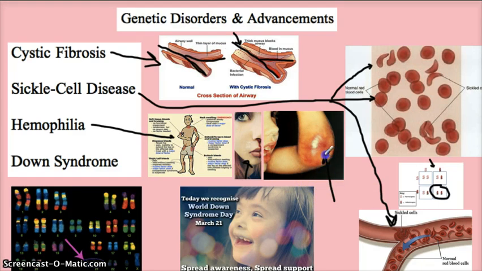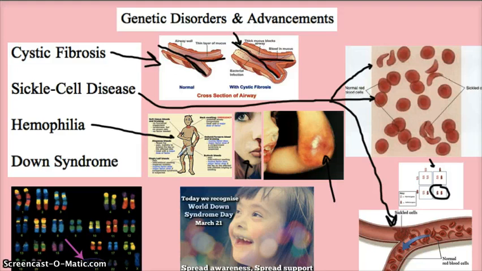I mean, it can cause the body just to swell up because the blood just keeps on, it doesn't heal very easily. So someone with hemophilia would really have to watch just walking around and bumping into things, and accidents can be a bad thing for somebody who has hemophilia.